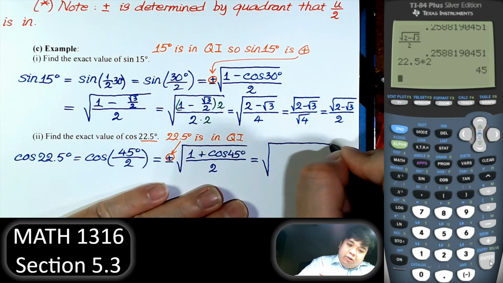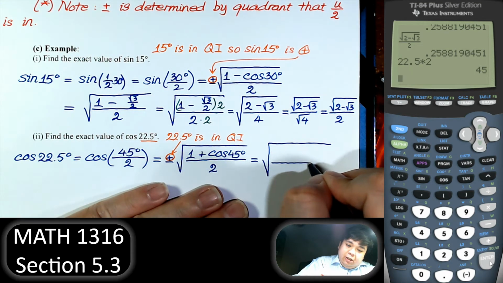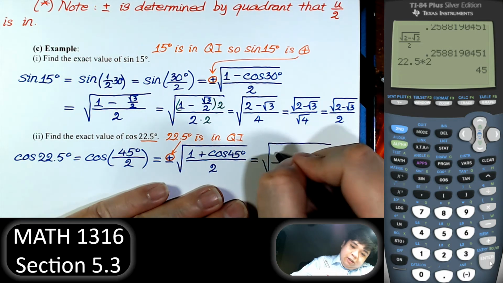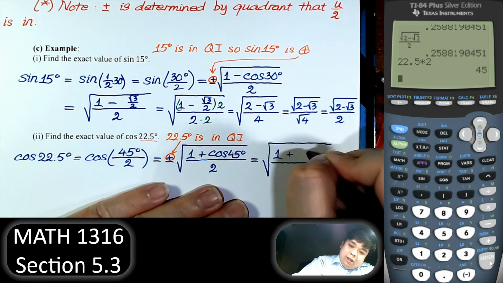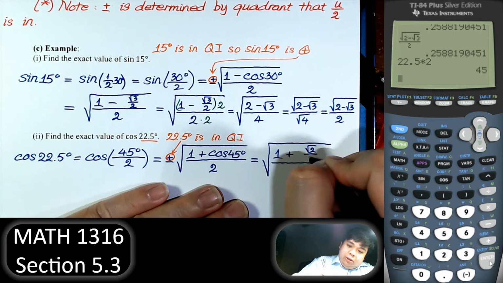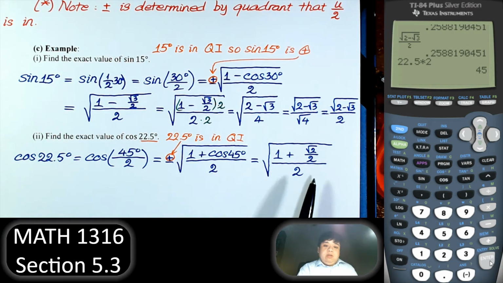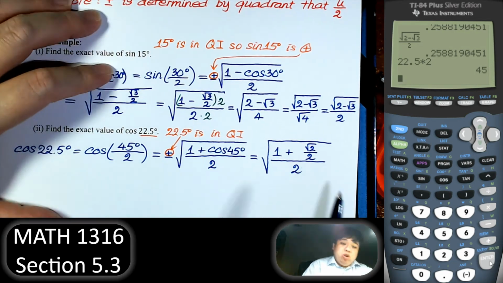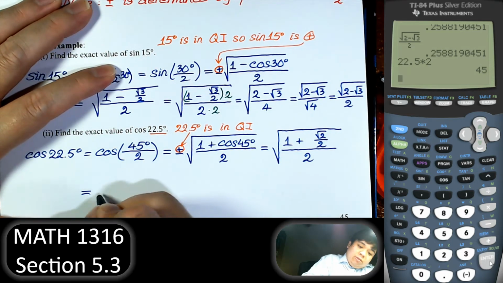Cosine 45 degrees is square root of 2 over 2. To simplify this, we get rid of this 2 by multiplying 2 top and bottom.